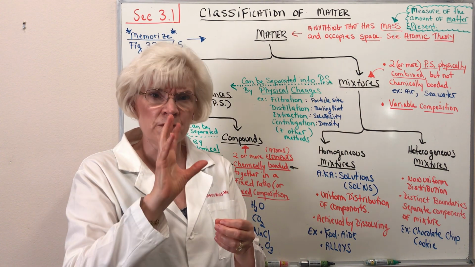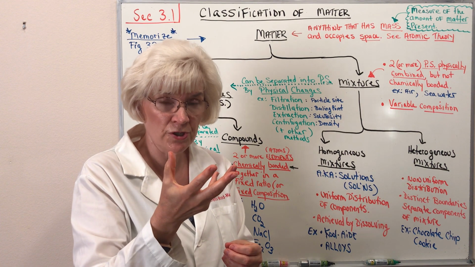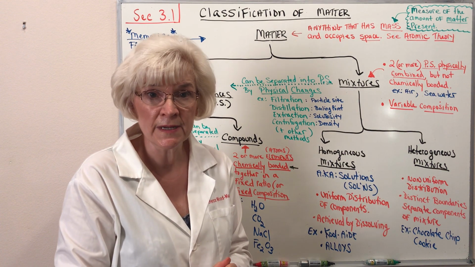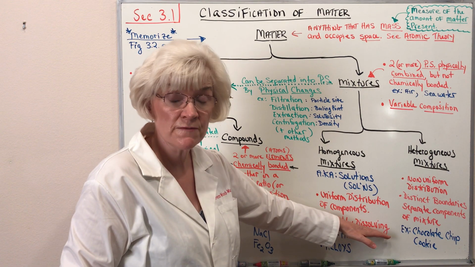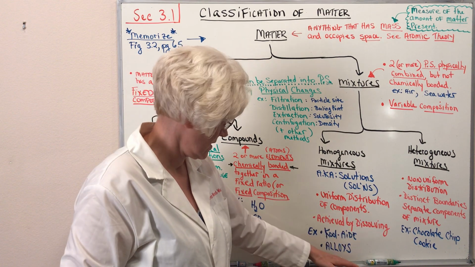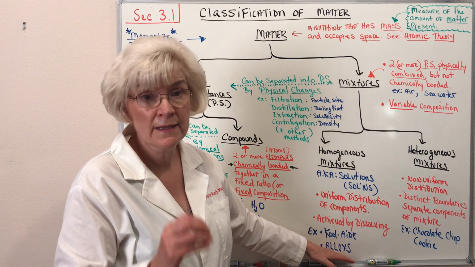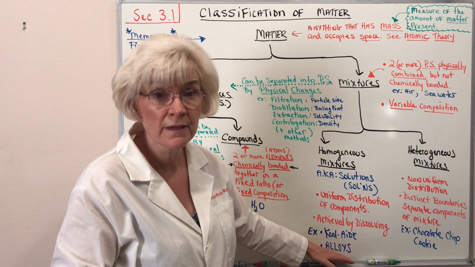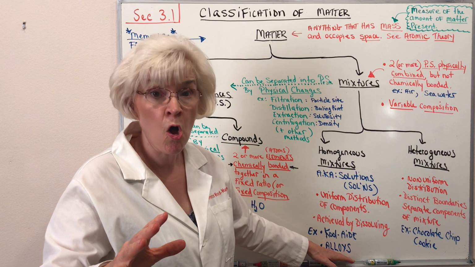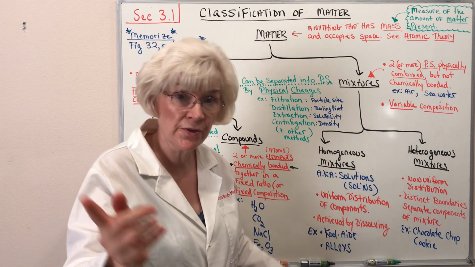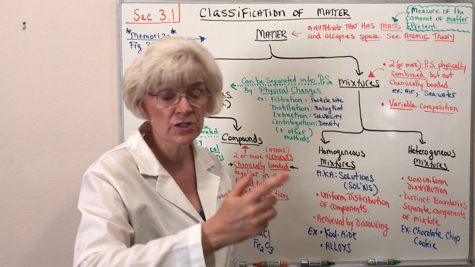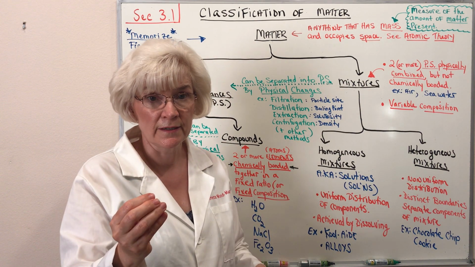How do you get this uniform distribution of metals in the mixture? And the answer is, well, that has to be achieved by dissolving. So you have to heat that mixture of metals up until you melt them all. And then in the liquid state, you can dissolve this mixture of metals together.